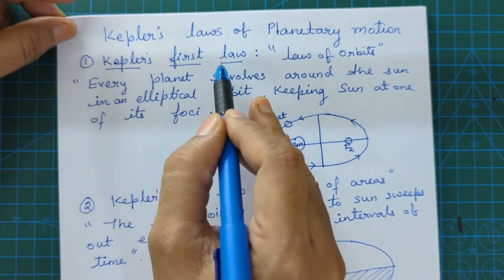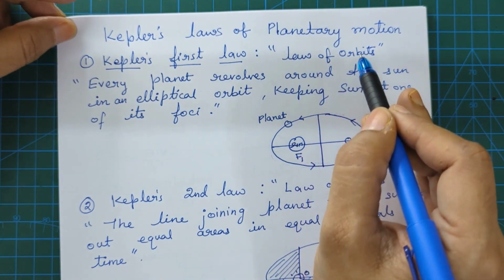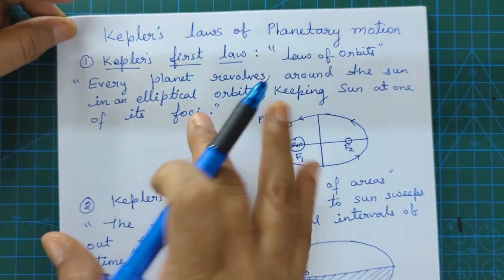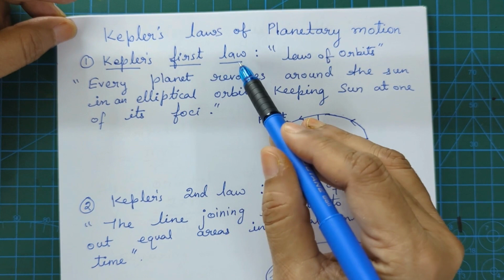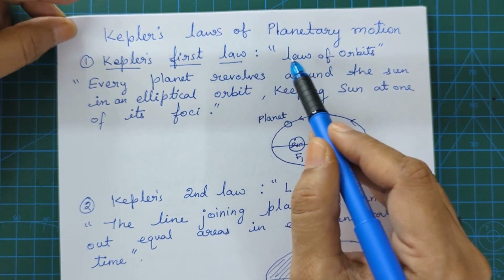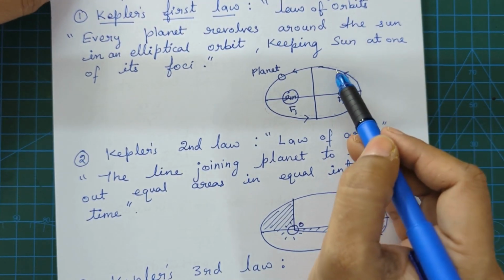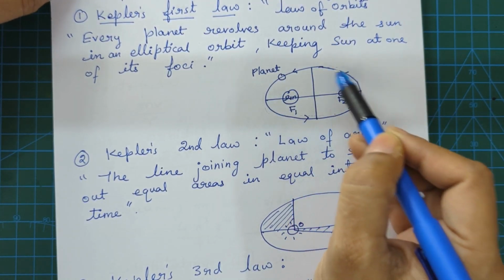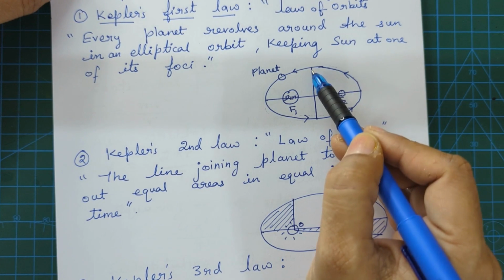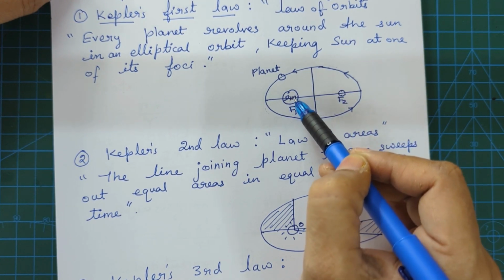So Kepler's first law, which is called law of orbits, states that, I have written the statement but I am telling what it is. Every planet revolves around the sun in elliptical orbit, keeping the sun at one of its foci.